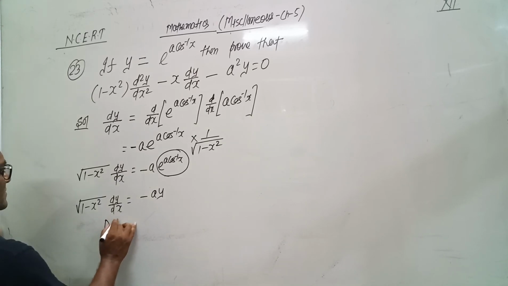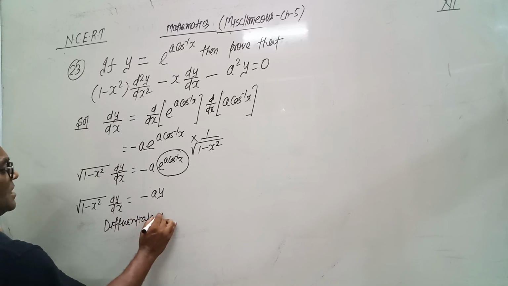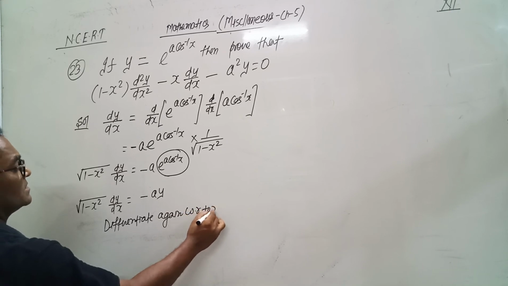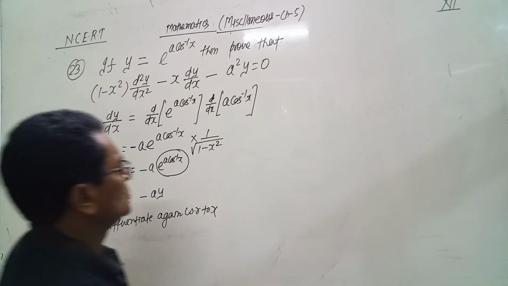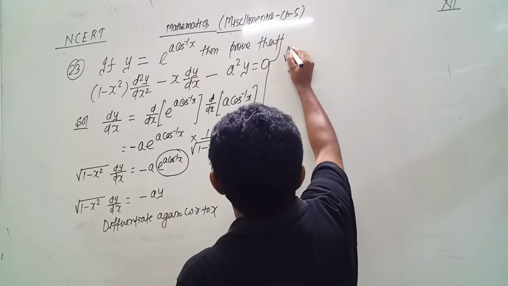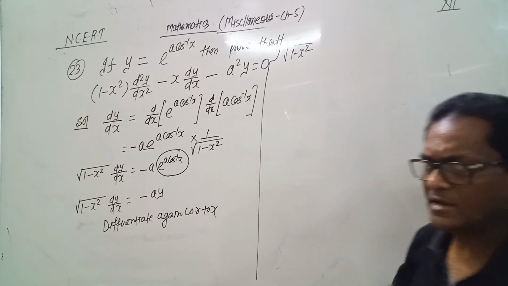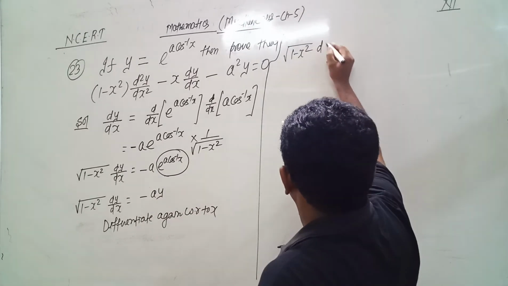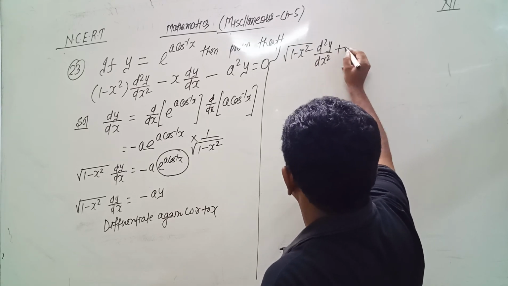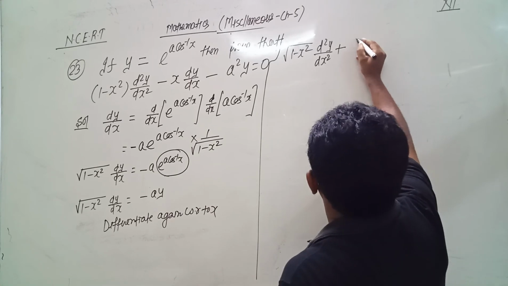Differentiate again with respect to x. So root of 1 minus x square as it is, and differentiation of dy/dx is d2y/dx square, plus differentiation of root 1 minus x square.